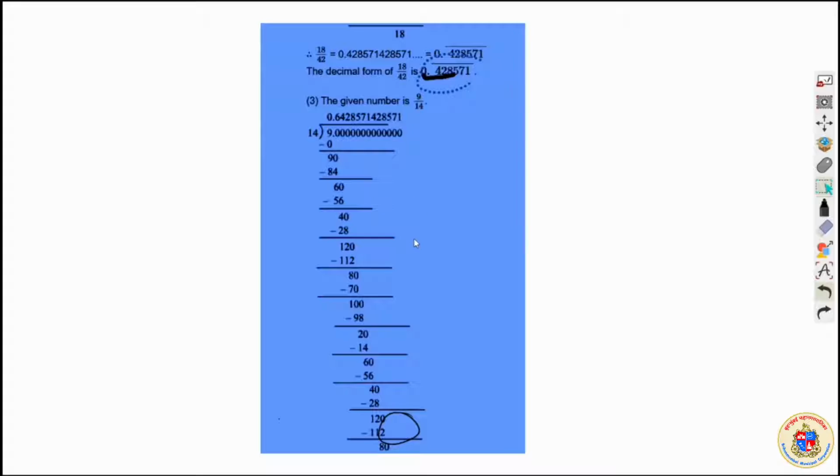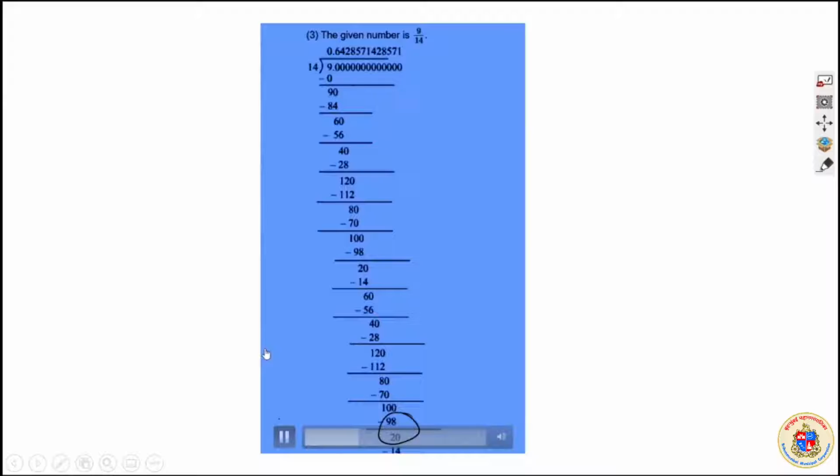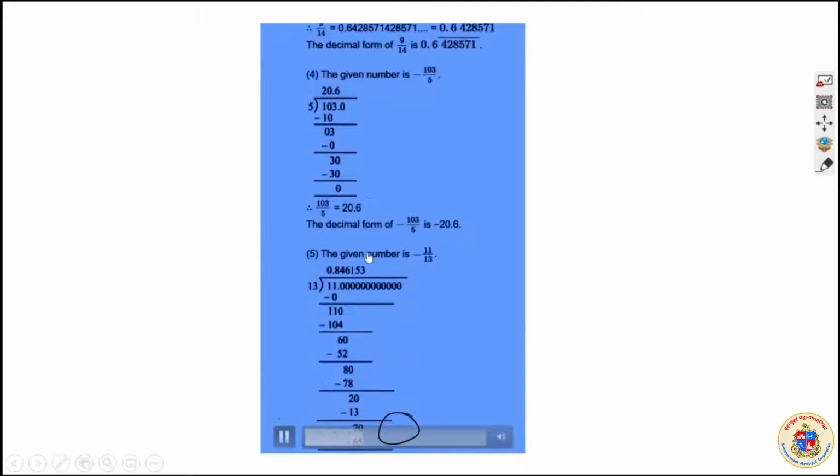So this kind of decimal numbers you will write to a particular number of decimal points, there you have to close down. Understood? There is no other way left. And here if you keep on dividing 9 with 14, ultimately you will end up in a recurring number.